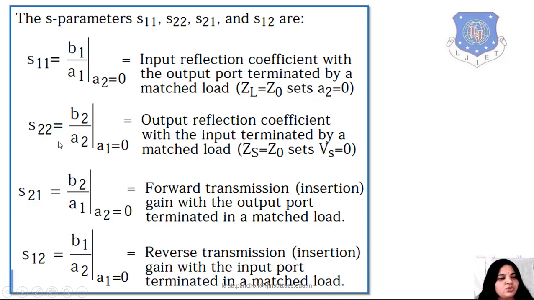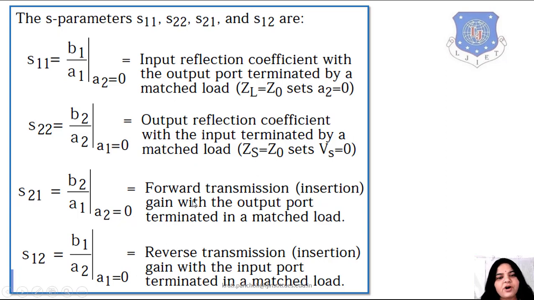Similarly, S22 is B2 upon A2, while A1 is 0. That is the output reflection coefficient with the input terminated by a matched load, Zs equal to Z0, which sets Vs equal to 0. S21 is equal to B2 upon A1, with A2 equal to 0.